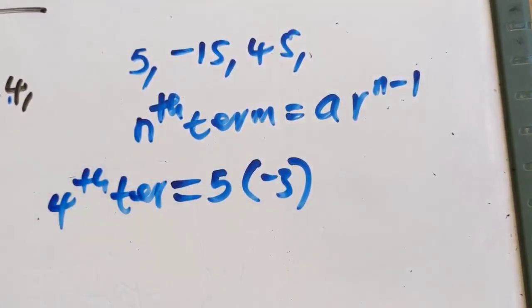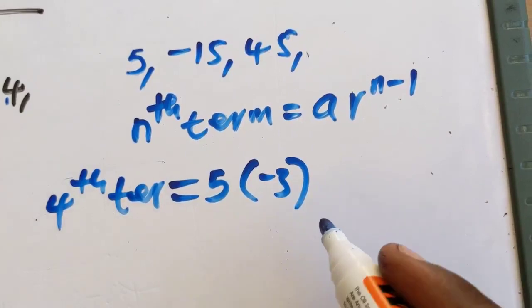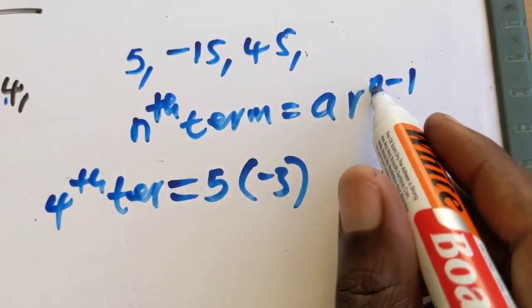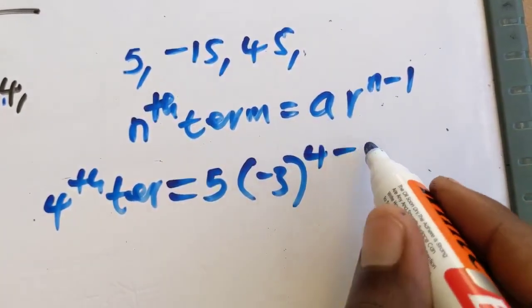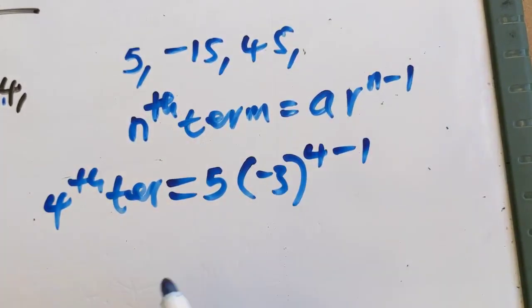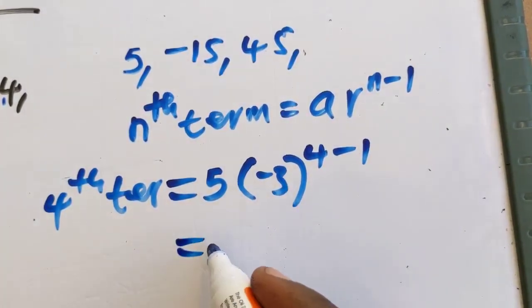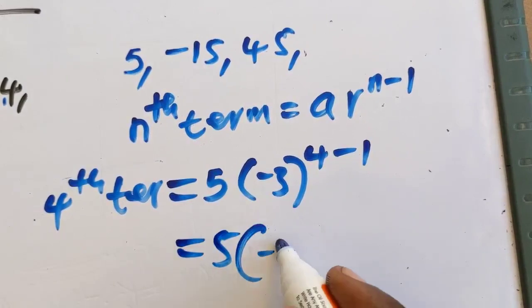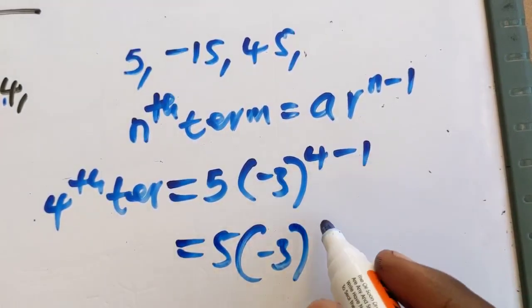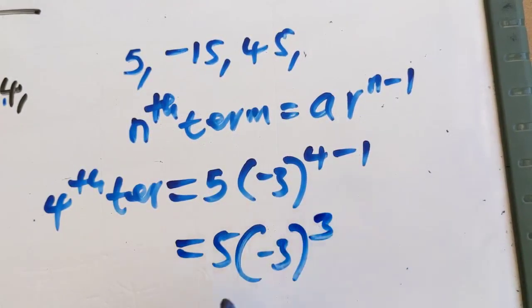So we put 4 minus 1. What is 4 minus 1? You're going to have 3.